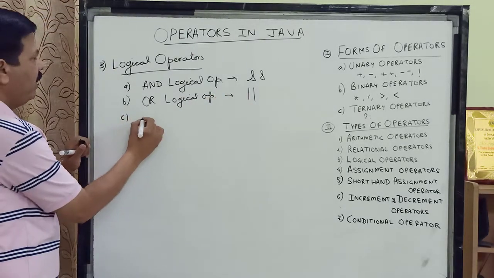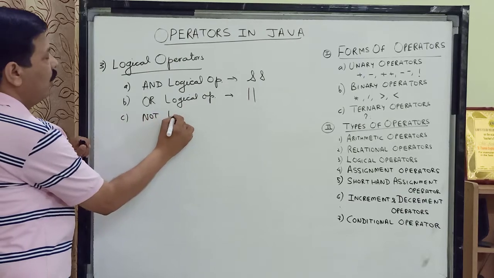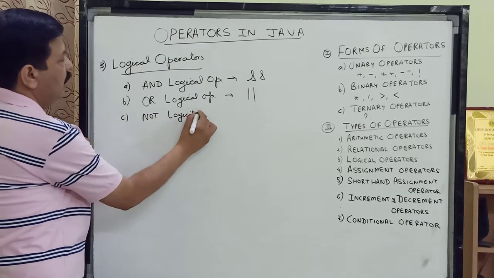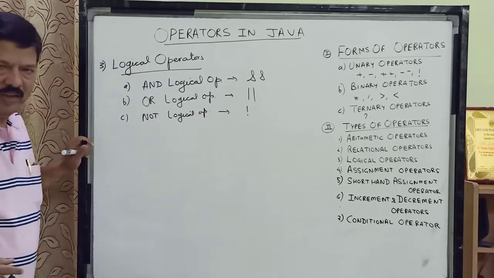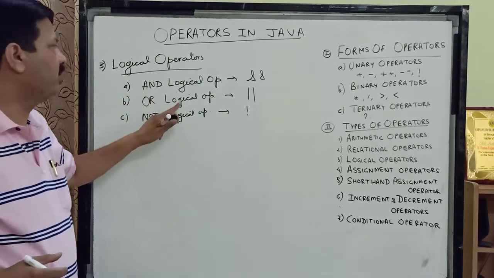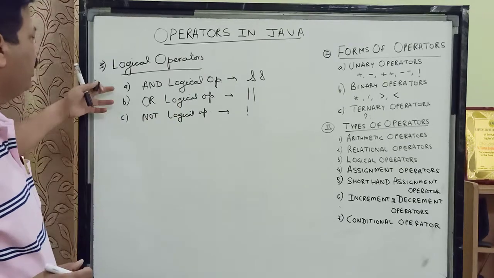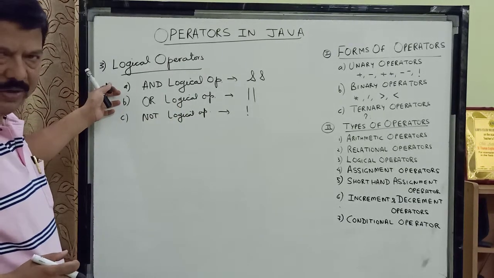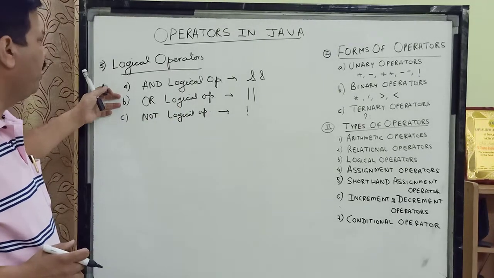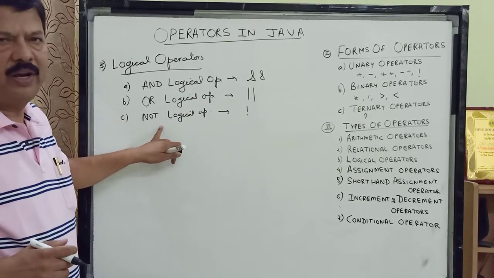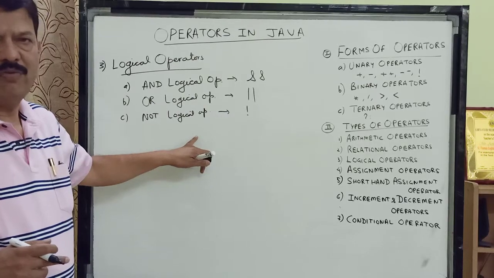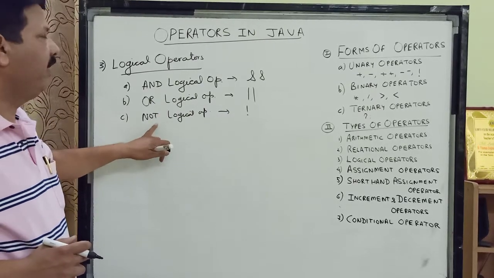And the third one is the NOT logical operator, that we represent by this exclamation sign. So children, these are three logical operators, and these two are the binary operators. They work on two operands, whereas this third one is a unary operator. It works on only one value, one operand.